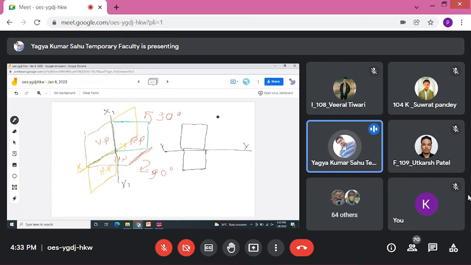And if you draw another x1, y1, one second, like this, where will be the position of side view? Here, you'll get another plane. So this is your VP, this is your HP, and this is your PP.